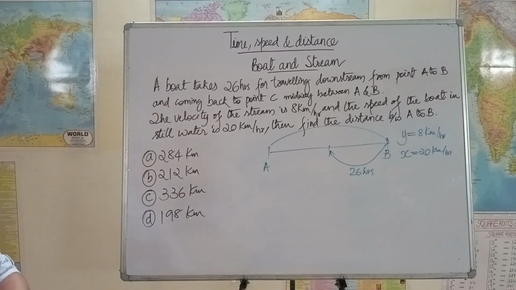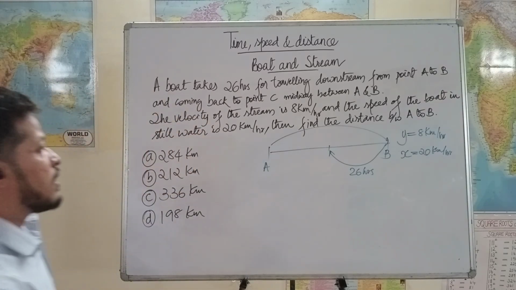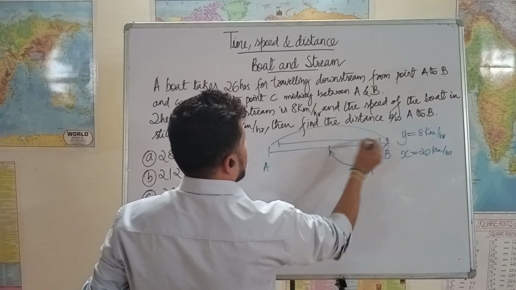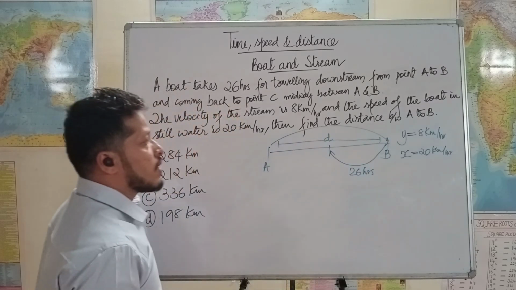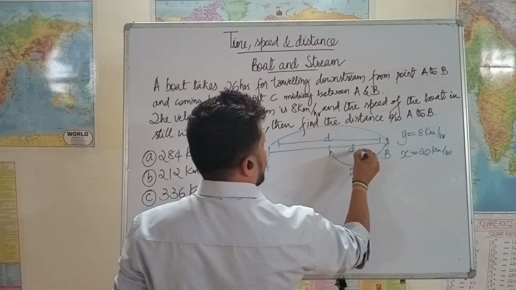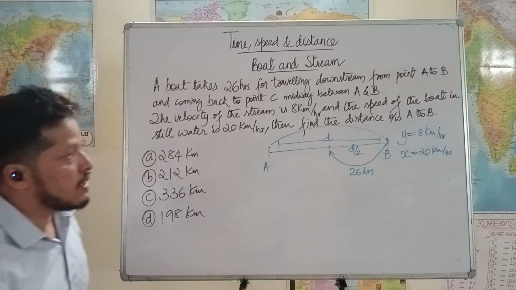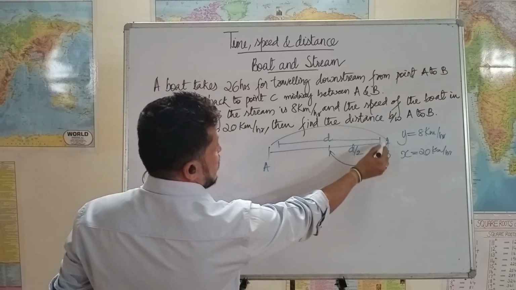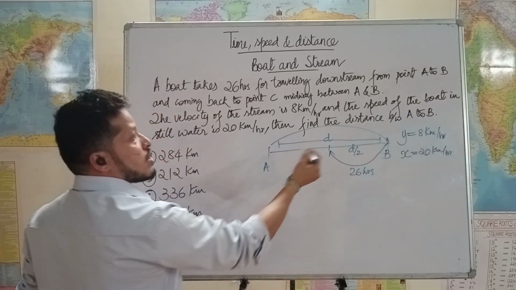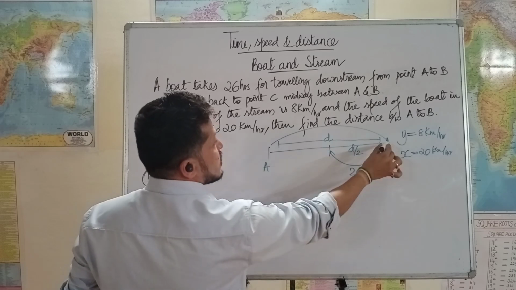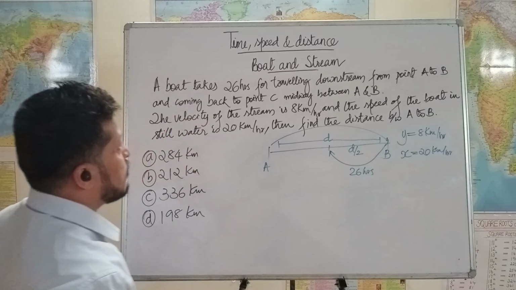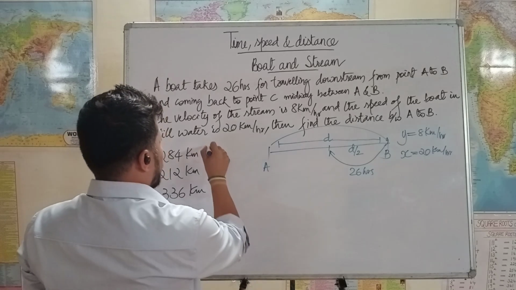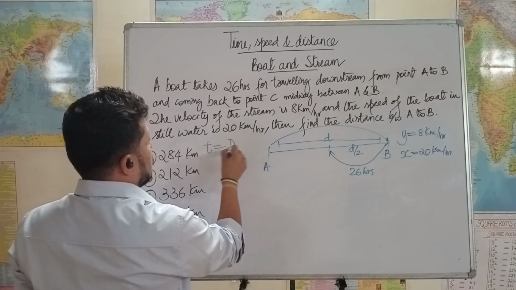Now we need to find the distance between A and B. Let's suppose this distance is D. Then this will be D by 2. Correct? Now the boat has travelled the entire distance D downstream, but only half the distance upstream. How much time did it take? 26 hours. So the time is equal to distance by speed.